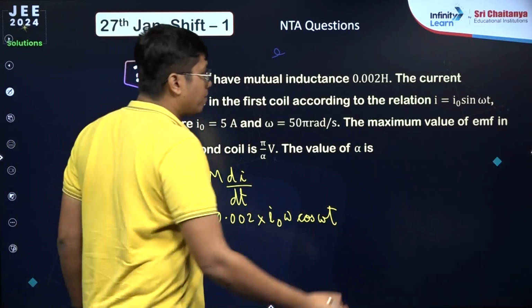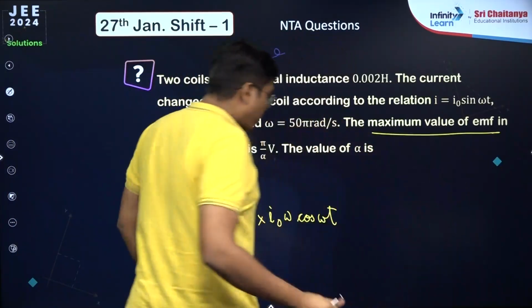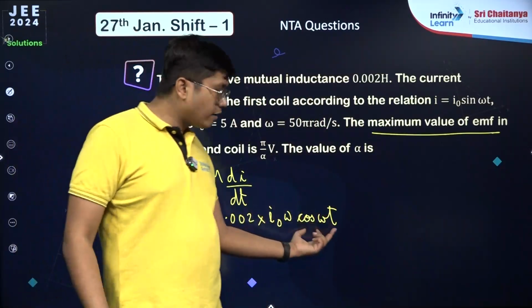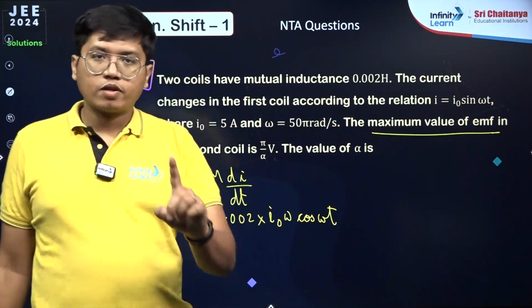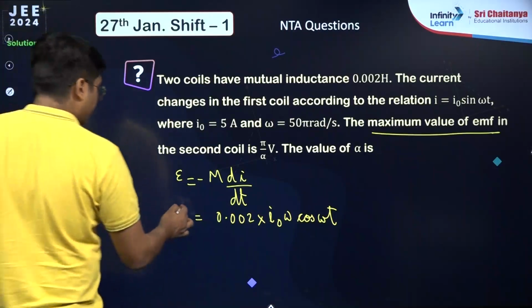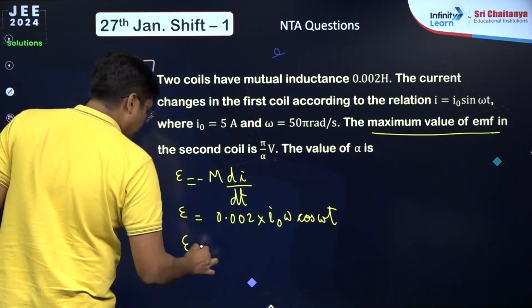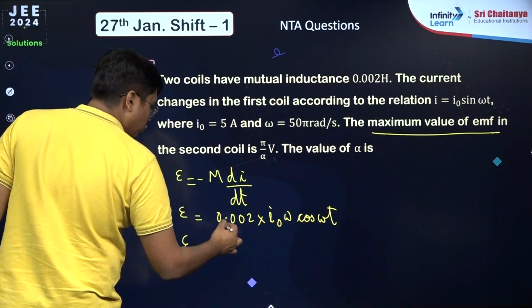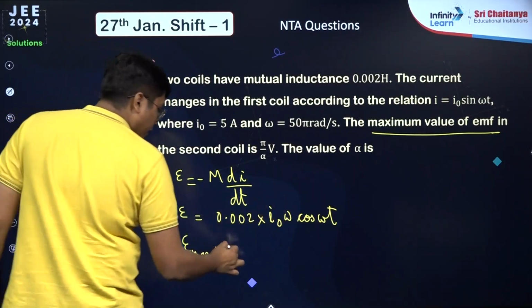We want the maximum value of EMF. For maximum value of EMF, this cos value will have a maximum value of 1. So the maximum EMF is just going to be this M I naught into omega.